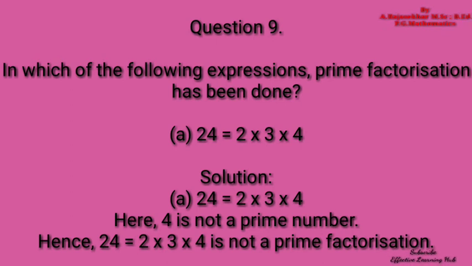Next question: in which of the following expressions has prime factorization been done? First one is 24 equal to 2 into 3 into 4. 4 is not a prime number. Hence 24 equal to 2 into 3 into 4 is not a prime factorization.